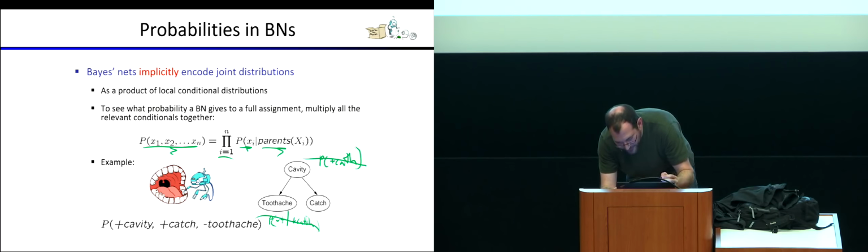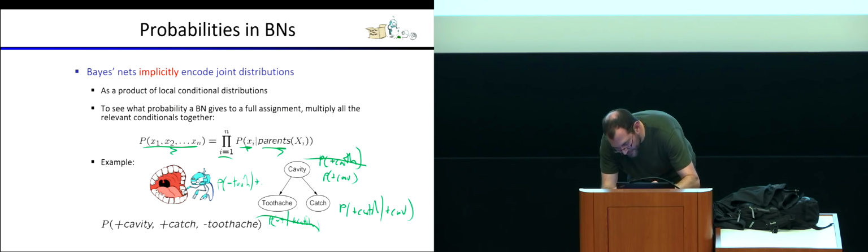Rewind. Living under the cavity node is probability of plus cavity. Living in the catch node is probability of plus catch given plus cavity. And under the toothache node is probability of minus toothache given plus cavity.